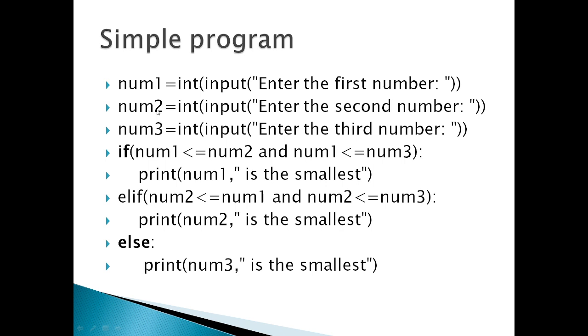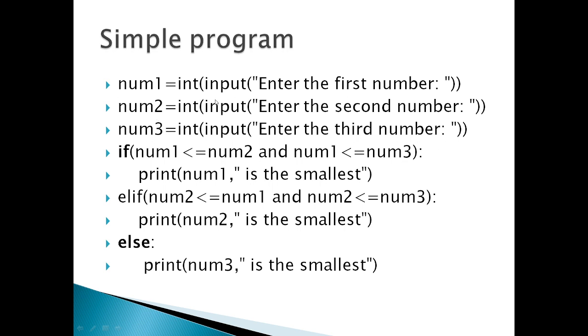Then we have a second variable. In this we also get input from the user, the second number. Suppose the user enters 10 in this and 20 in this. The third number we can also get by this method.